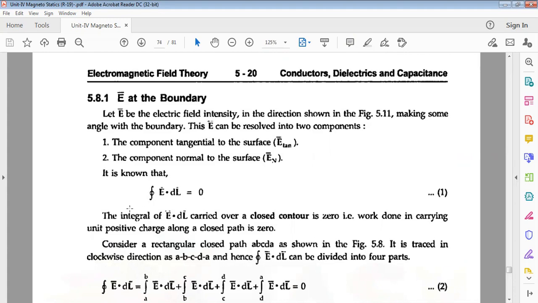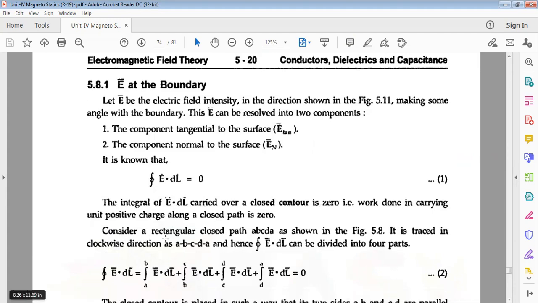Using this relation, the integral E bar dot DL bar carried out over a closed contour is 0. That is, the work done in carrying a unit positive charge along the closed path is 0. We know this is the equation we have. In this, consider a rectangular closed path. See, this is a boundary we have.